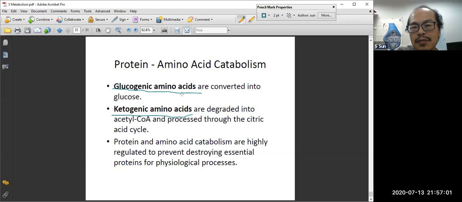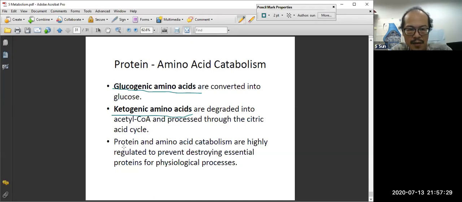Glucogenic amino acids will be converted into glucose, then they'll be burned. Ketogenic amino acids will be degraded to acyl-CoA like fatty acids, and at the same time they also have side products to produce ketone bodies. And that's how it's burned.